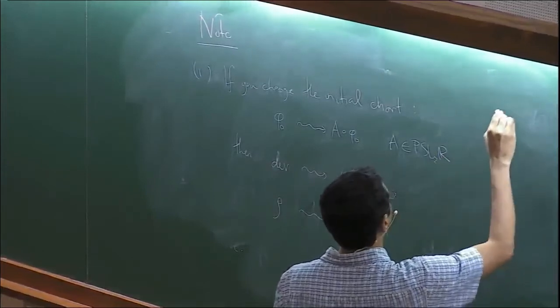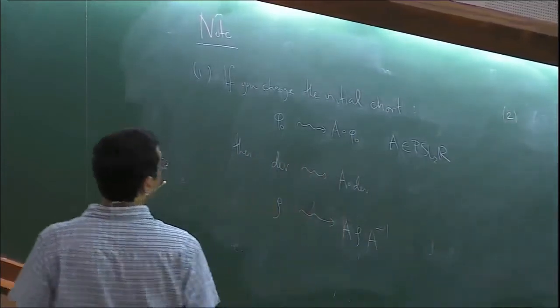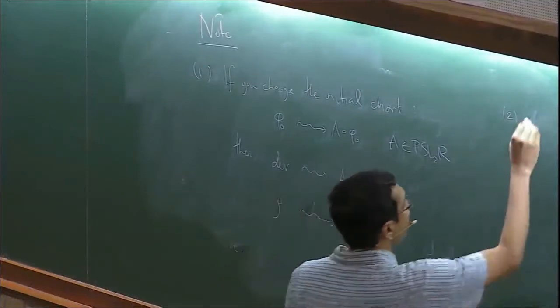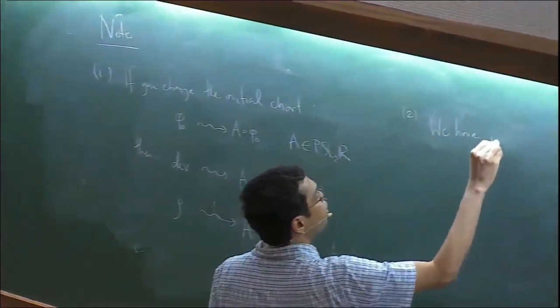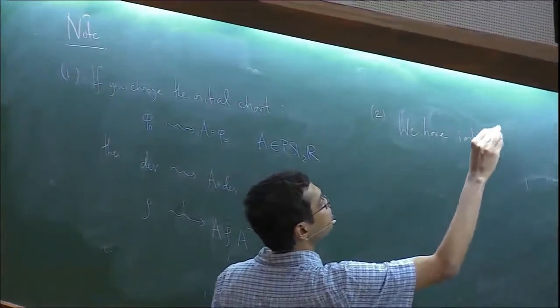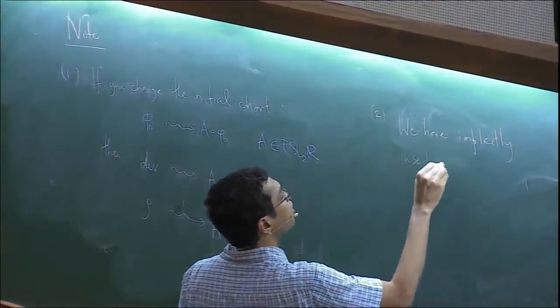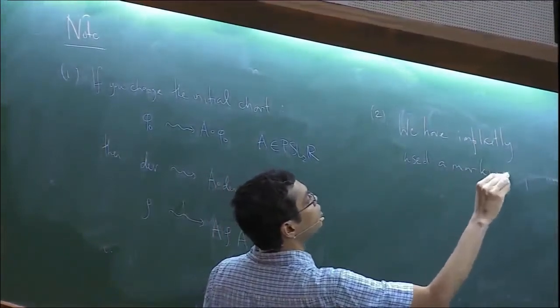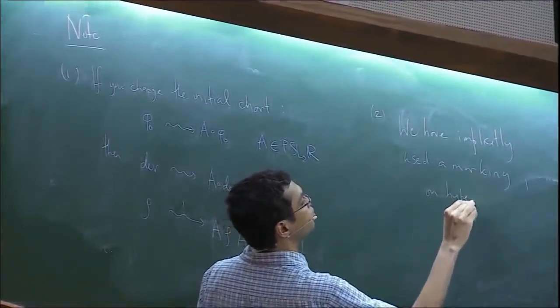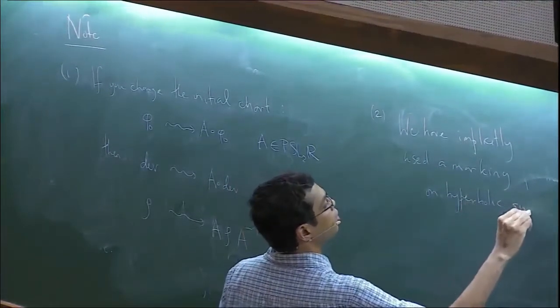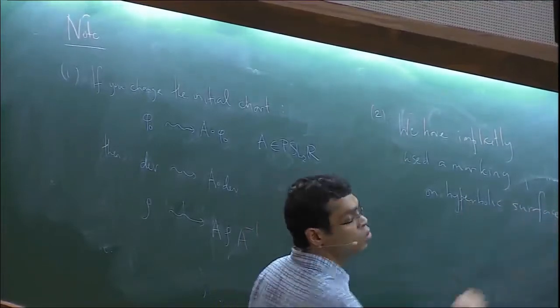There's another thing to note here: in all that we said, we have implicitly used a marking on our hyperbolic surface. Where have we used it? Remember that to define this holonomy representation, we take a gamma, some element of pi 1 of S, and then we lift this gamma tilde.